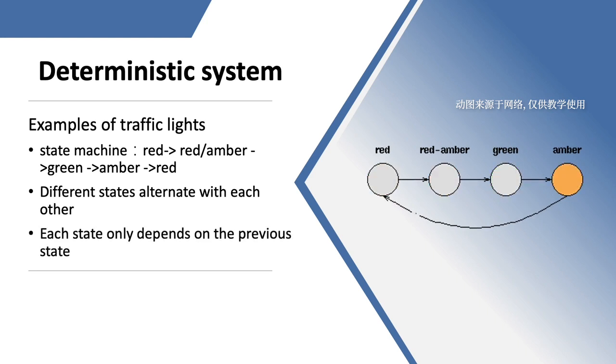Each state only depends on the previous state. If the current one is green, then the next one is amber. This is a deterministic system, so it is easier to understand and analyze as long as the state transitions are known.